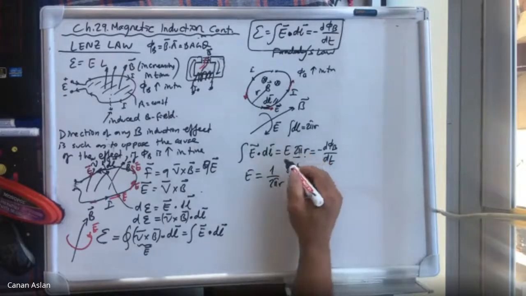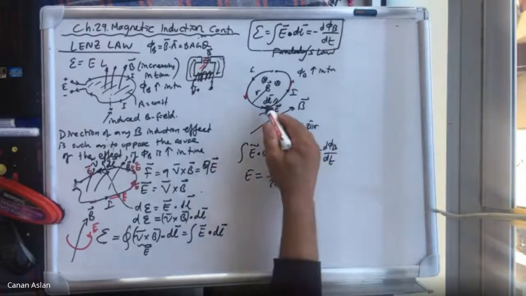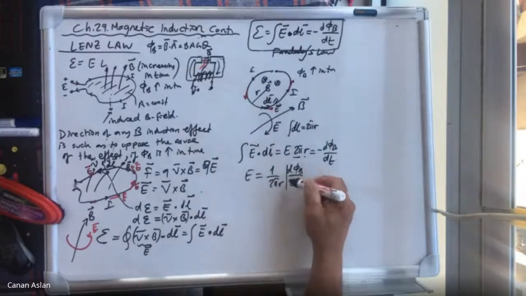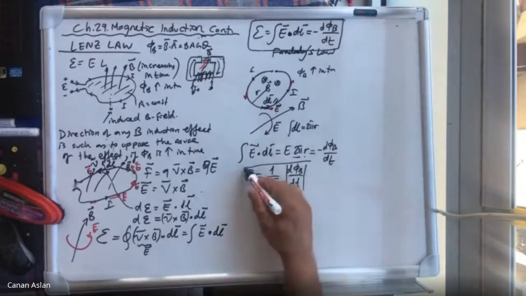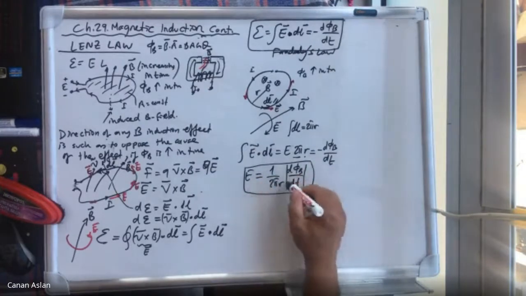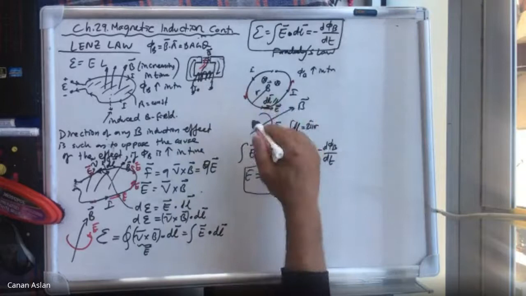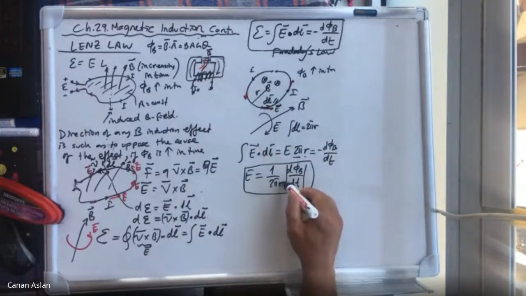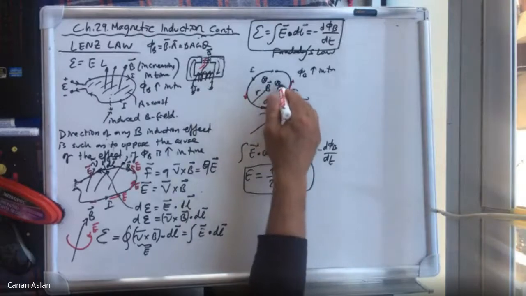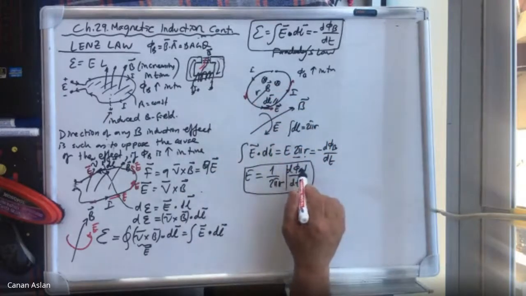We can get the magnitude and direction of the electric field, and the magnitude is given by this expression. So this circulating electric field will be reducing as 1 over r from this magnetic field.